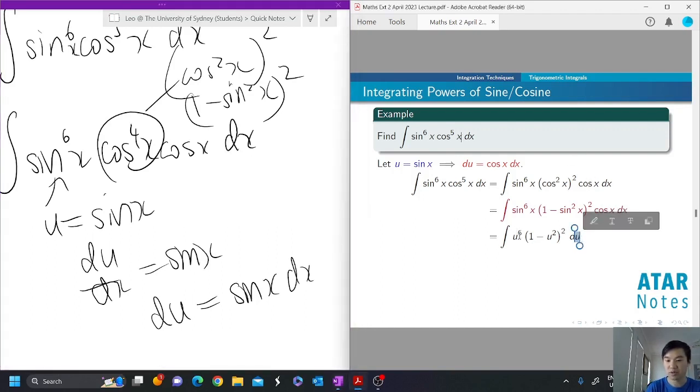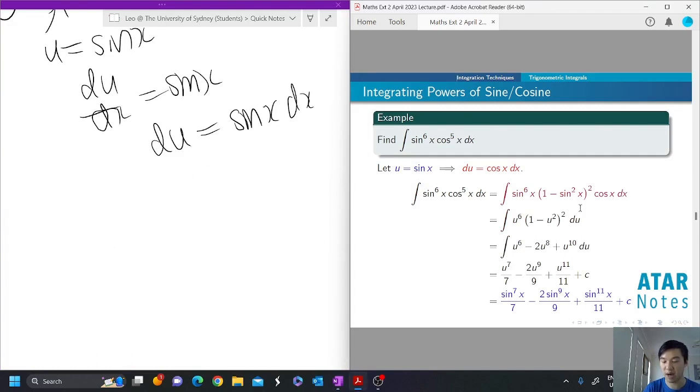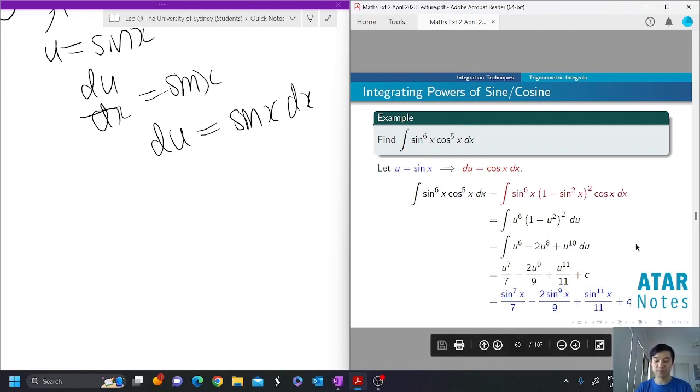Then we get u to the power 6 times (1 minus u squared) squared. Afterwards, you can expand the brackets, integrate like normal, then replace the u's with sines. So that is an example of how we can integrate sine to the power 6 x cos to the power 5 x. You'll get this result.